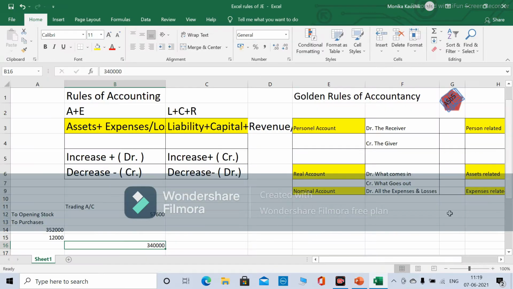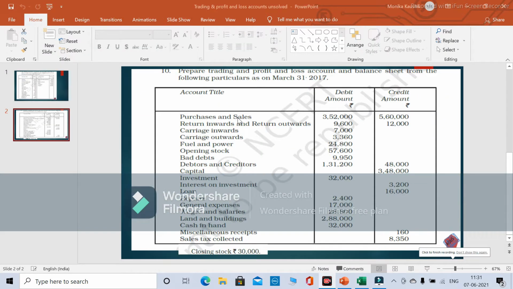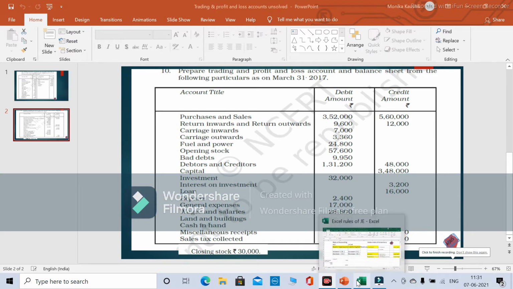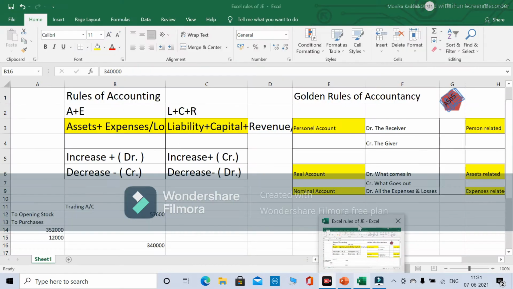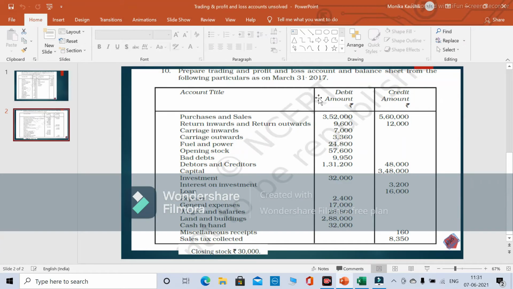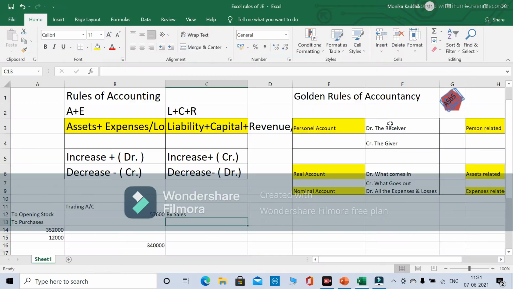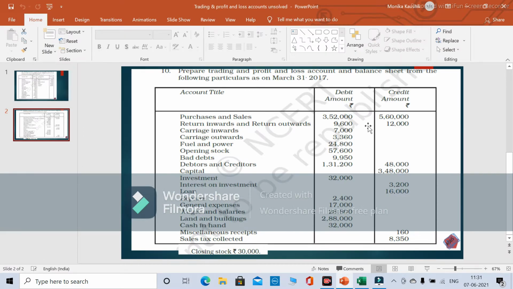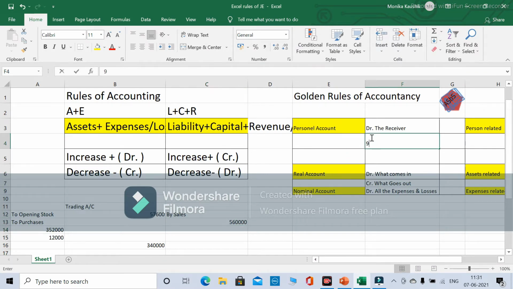Now let's start the next part with sales. We all know sales balance is credit. Now I will calculate the net sales. Sales is this, and sales return will be the debit balance 5,60,000. Sales less sales return, this is 9,600.